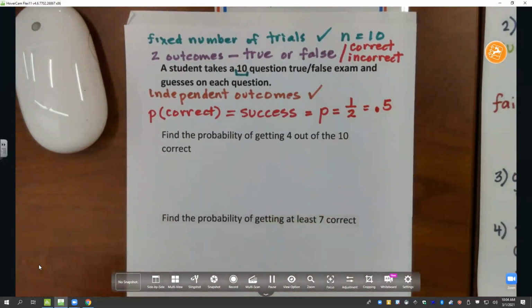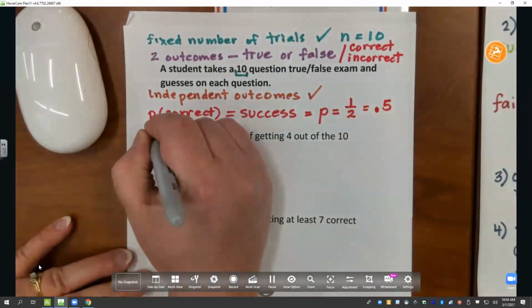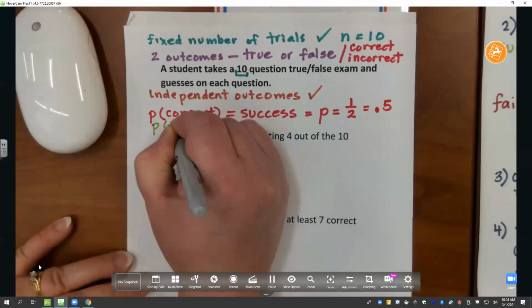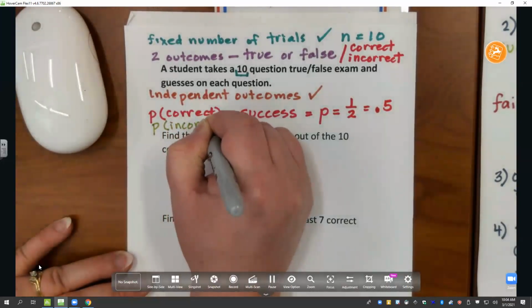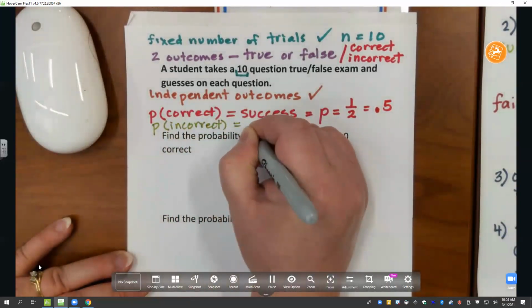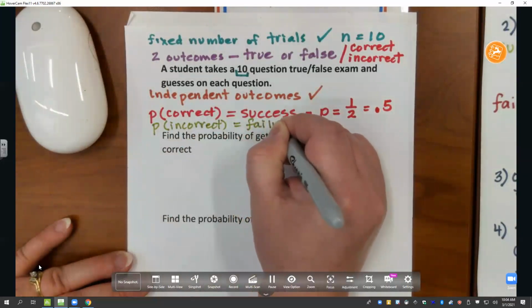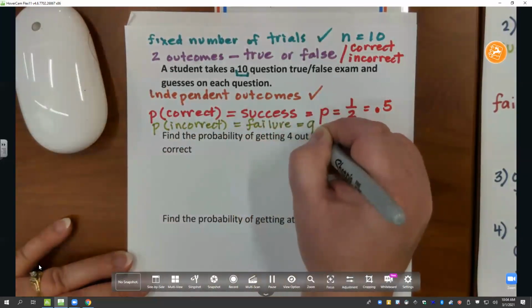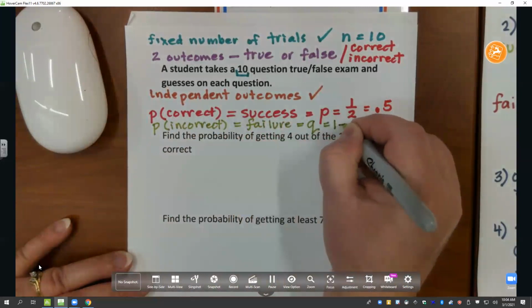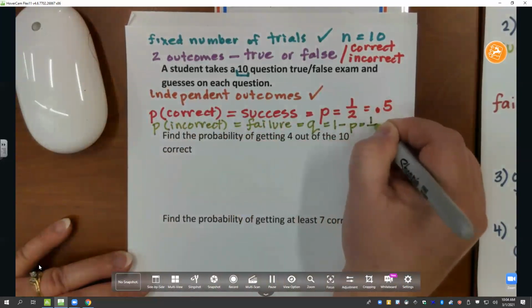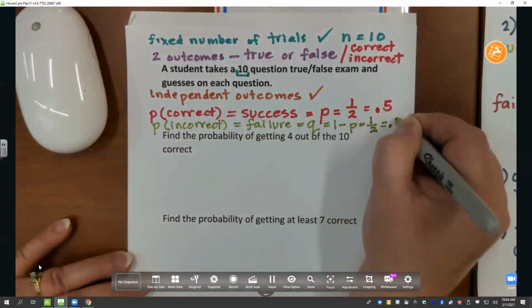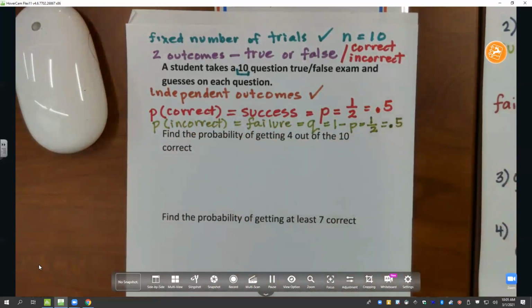Now, just as a side note, because we might need that information later, what would be our probability that it's incorrect, which would be our failure? That's Q, which is 1 minus P, which would in this case also be 1/2. But we've met the 4 conditions.